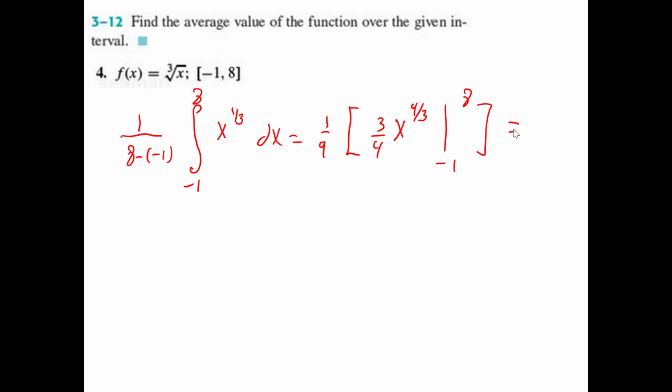8 to the 4/3, so they both have a 3/4, so let me go ahead and bring that 3/4 out, and then we will have 1/12.